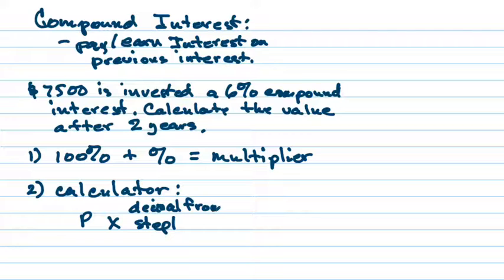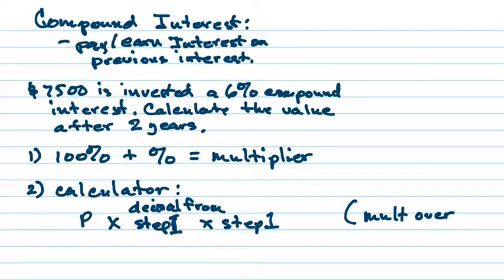Okay? And you need that decimal from step 1. You're simply going to multiply over and over for the number of years.